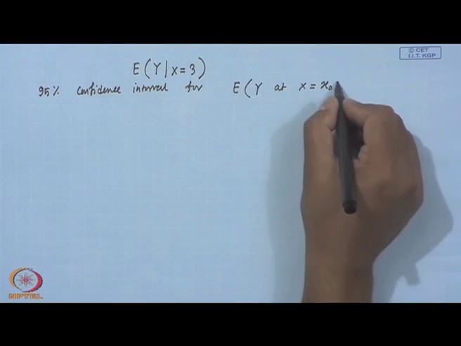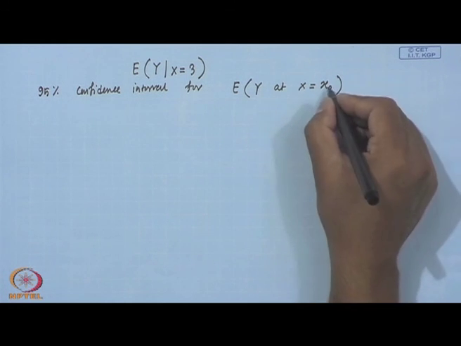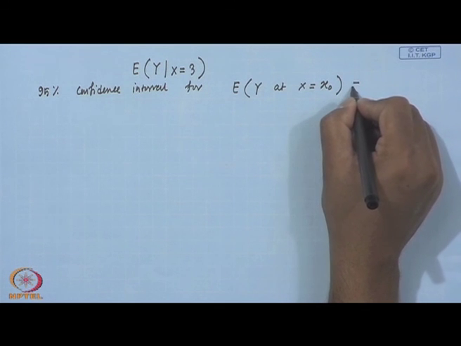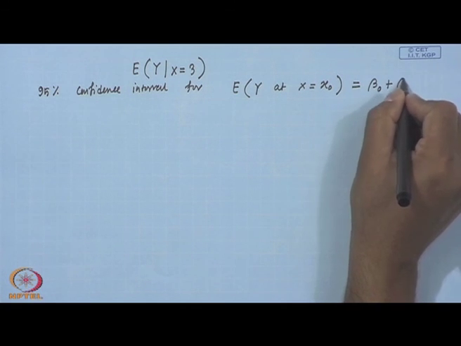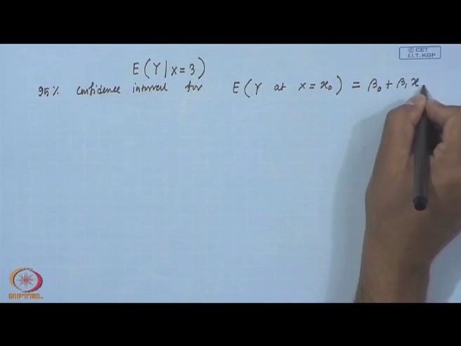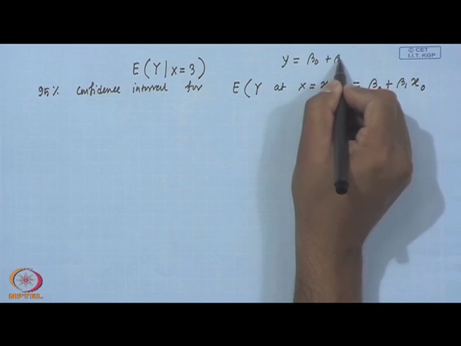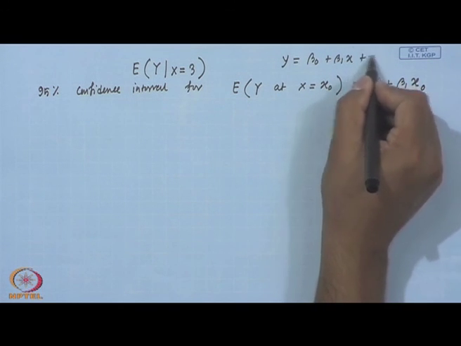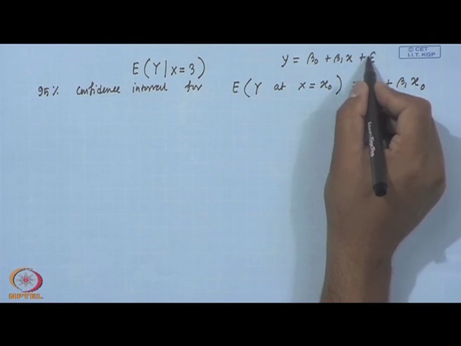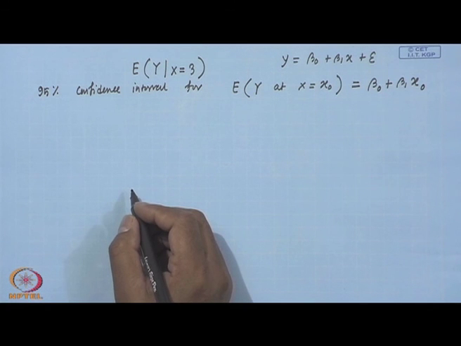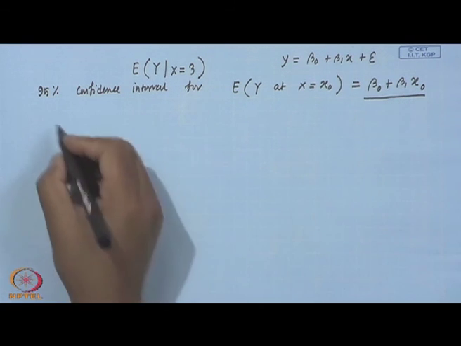So, x naught is nothing but 3, that I will plug in at the end. Let me solve this in general for x naught. So, this is nothing but beta naught plus beta 1 x naught, because we considered the model y equal to beta naught plus beta 1 x plus epsilon. So, the expected value of y at x naught is this one, because expectation of epsilon is equal to 0. And first we will find an unbiased estimator for this one.